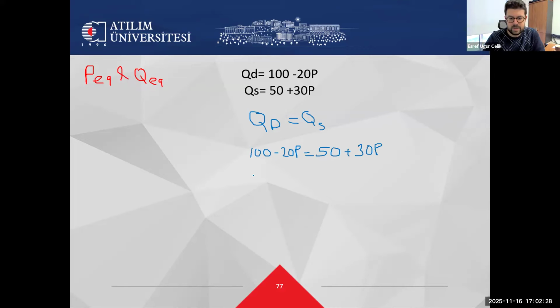So 100 minus 50 equals 30p plus 20p. So 100 equals, sorry about my handwriting, 20p. So the price of equilibrium is 2.